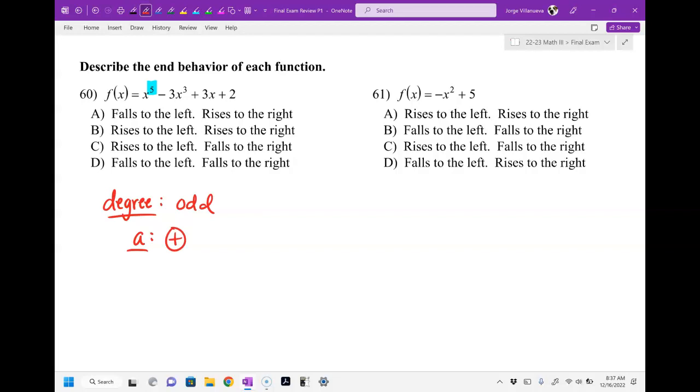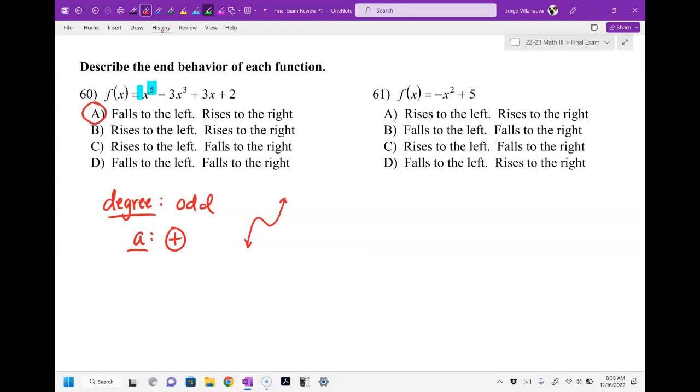The A term is this number that's supposed to be in front of the x to the fifth, so that number in the very front. Since it's an odd power with a positive A, the graph is supposed to look something like this, meaning it falls to the left and it rises to the right. So it's going to be A.